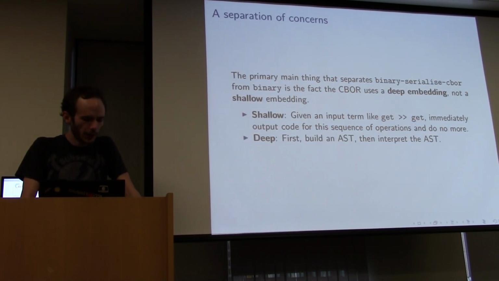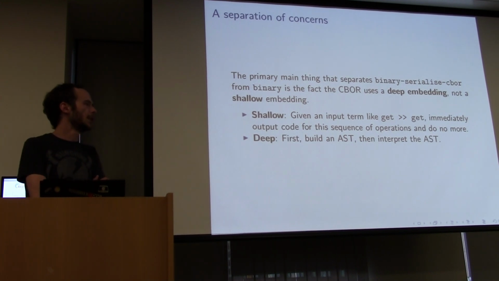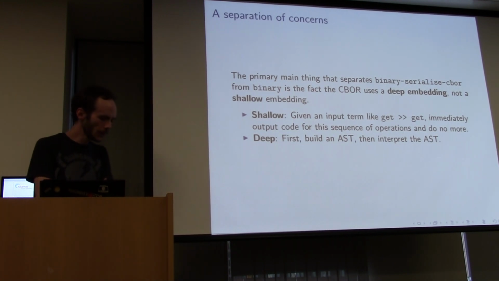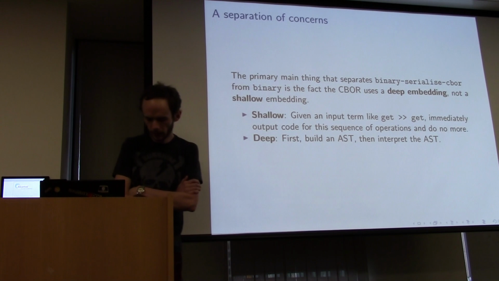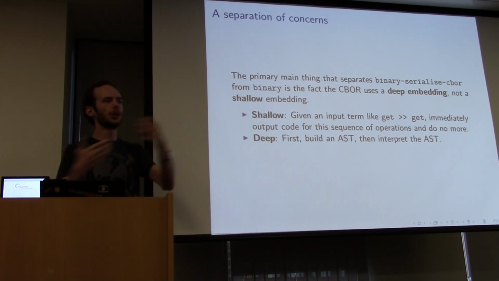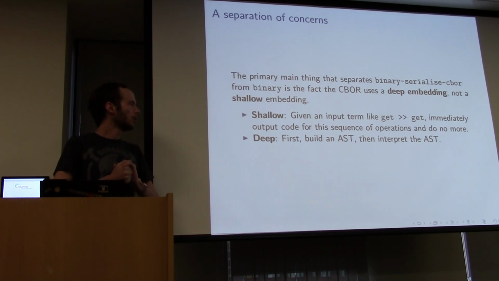And there's something that binary-serialize-cbor does that's very important. It's perhaps the key component that makes this library good. Whenever I was talking earlier about functions that encode or decode things and you're stitching them together, well, you're giving a description of a data type, right?